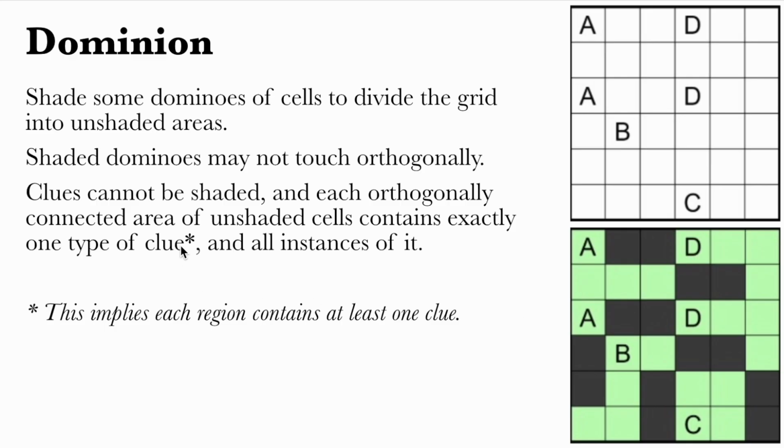And there's a note here that says exactly one type of clue implies every region contains at least one clue. So we don't have any completely empty regions. Everything's got a letter in it, and whatever letter it's got, all of the instances of that one letter appear in there. We're not going to have two separate A regions. We'll have one region containing all of the A's, for example. Those are the rules to Dominion, so it's time to solve a puzzle.